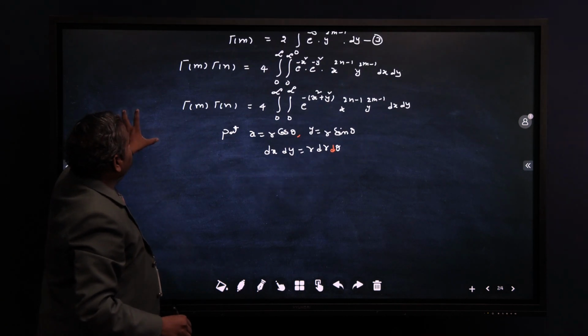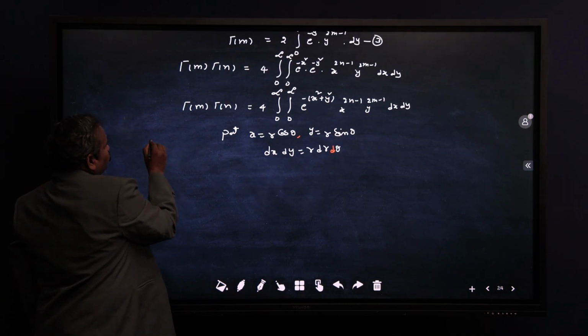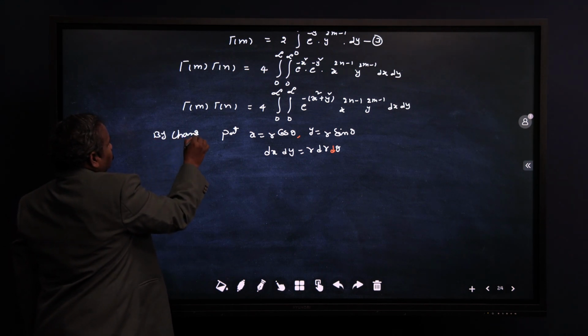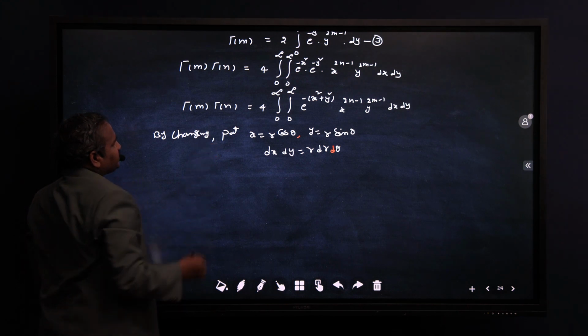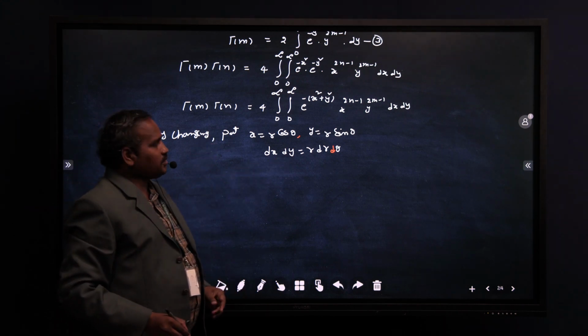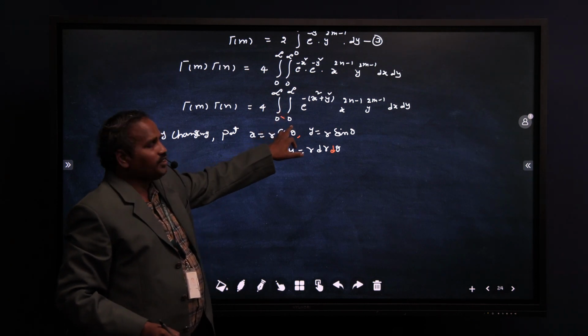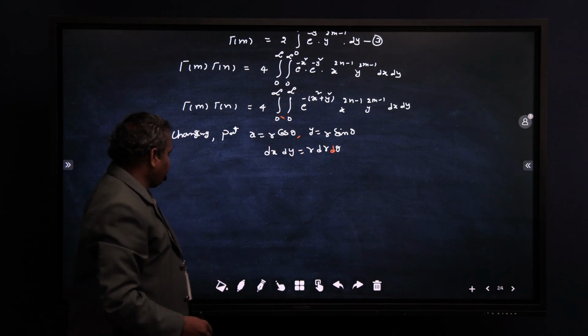So by changing into polar coordinates, we are using this condition. And here the limits are x from 0 to infinity, y from 0 to infinity.